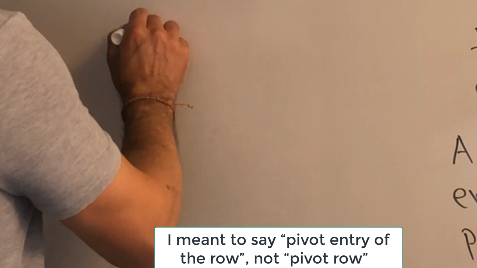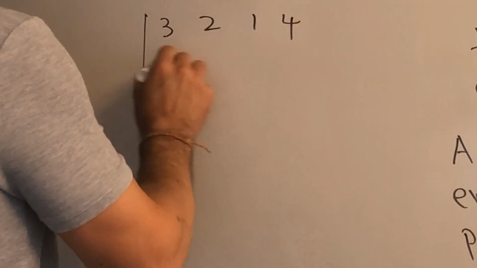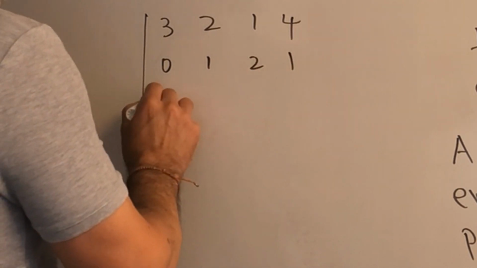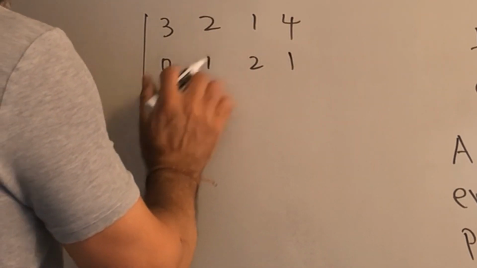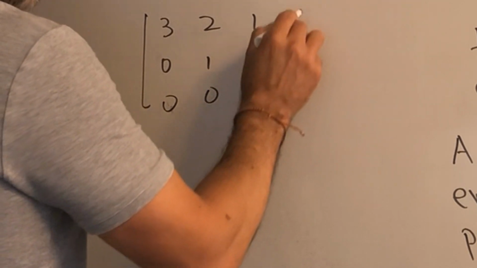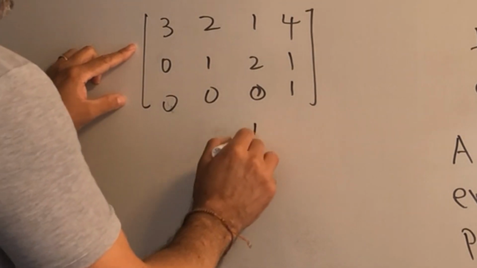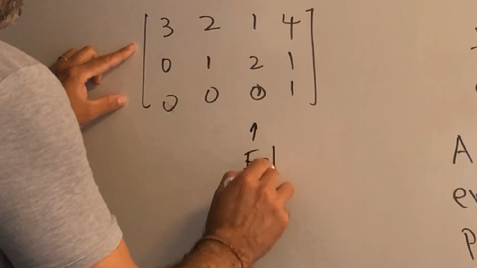Let's do more examples. If we have 3, 2, 1, 4; 0, 1, 2, 1; 2, 0, 0, 0, 1, then this one is in echelon form.